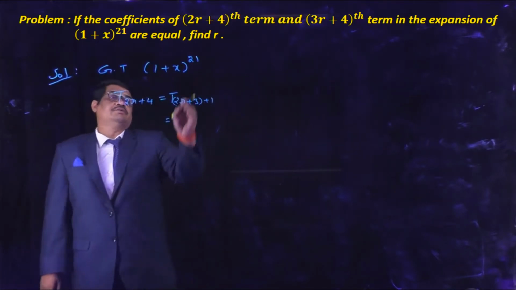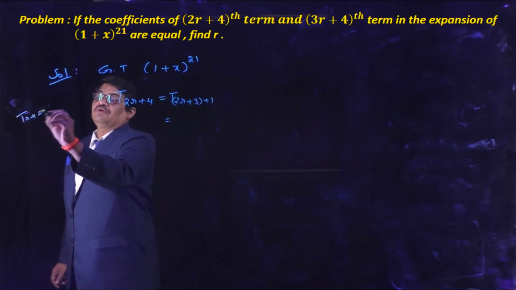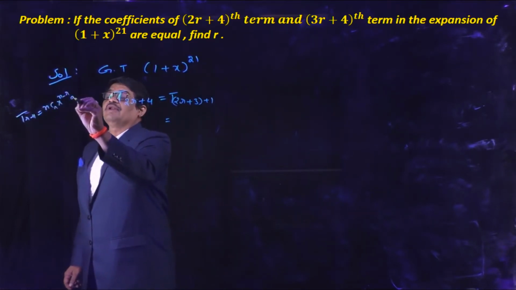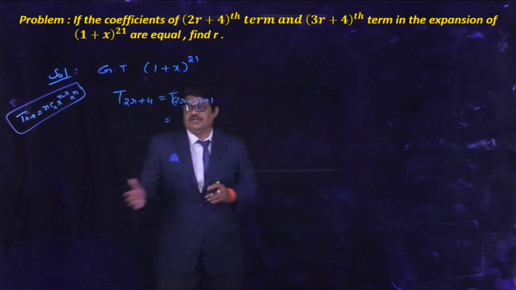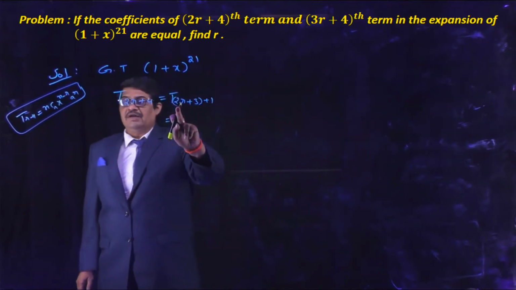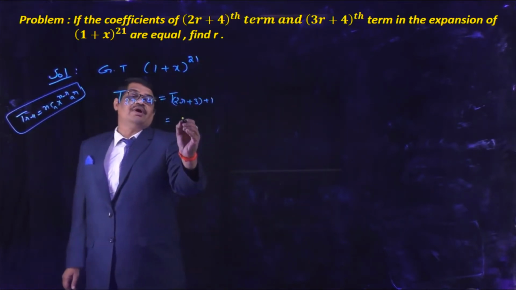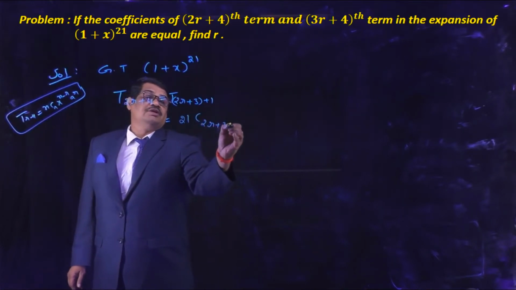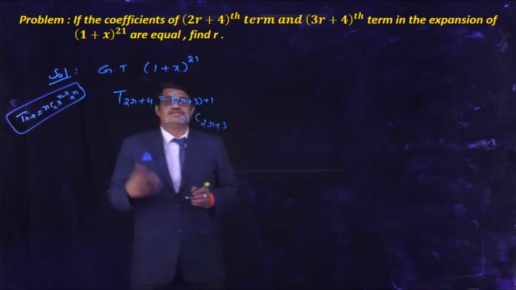Now, what is the formula for T(r+1)? It is nCr x^(n-r) a^r. This is the general term in the binomial expansion. Here we are writing r as 2r+3. What is n here? n is 21. That is 21C(2r+3) x^(2r+3).